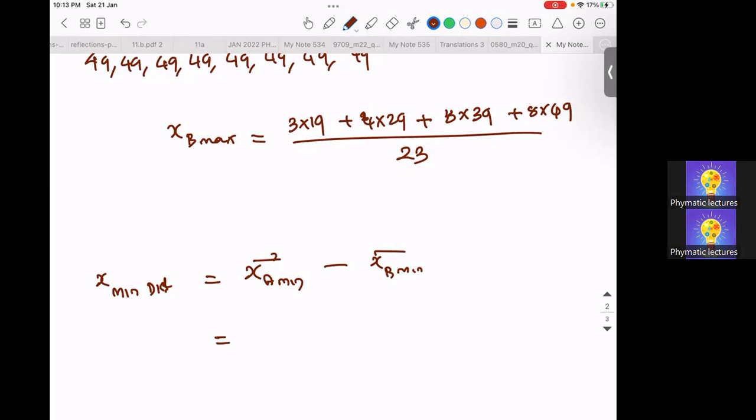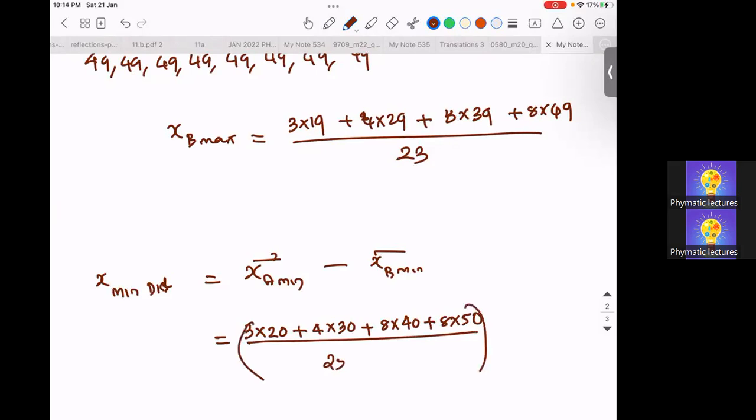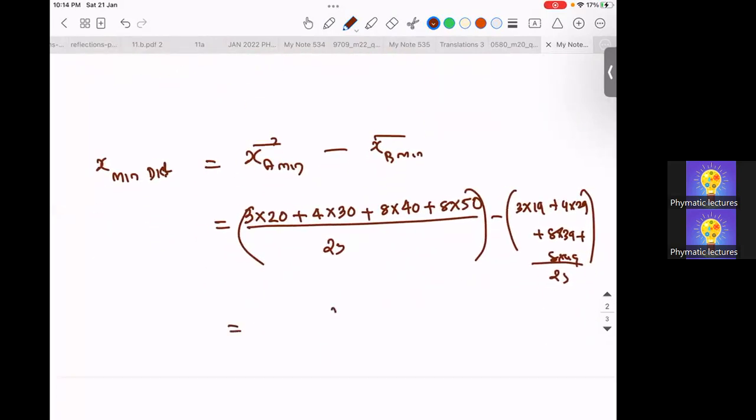That means 3 times 20 plus 4 times 30 plus 8 times 40 plus 8 times 50 divided by 23, minus 3 times 19 plus 4 times 29 plus 8 times 39 plus 8 times 49 divided by 23. You will get the answer as 23 by 23, and that is equal to 1. Hope you got it. So that is the idea about this question.